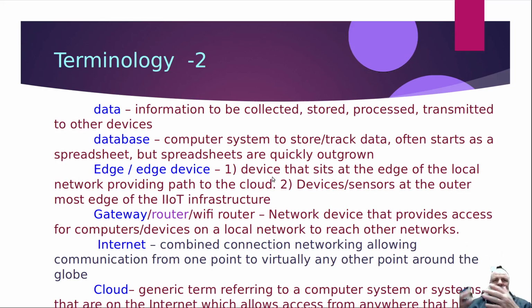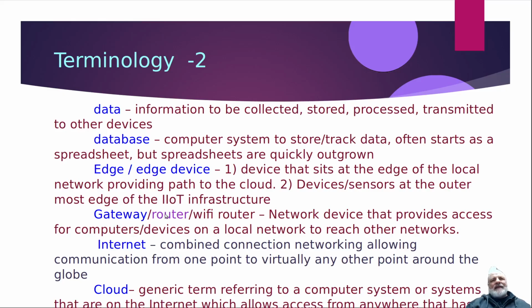Okay, so again, there's a little bit of confusion there. Most of the time when they're talking about an edge device, they're talking about that gateway device that allows the data to get transferred up into the cloud. But sometimes people are referring to the things that are right down there at the very edge, which are the sensors and the actuators.